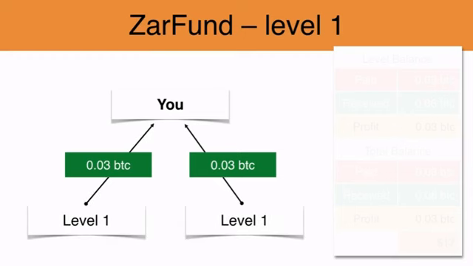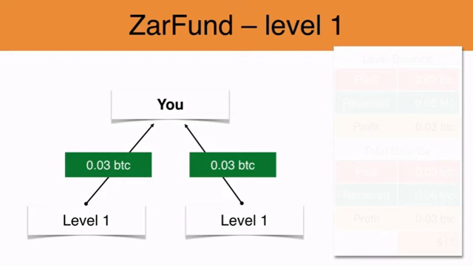When you get two referrals, they're going to be at level 0 until they pay 0.03 as well as you. So you have two legs that you want to stay focused on. With the first level, there are two legs to focus on, and what you want to do is find two people.